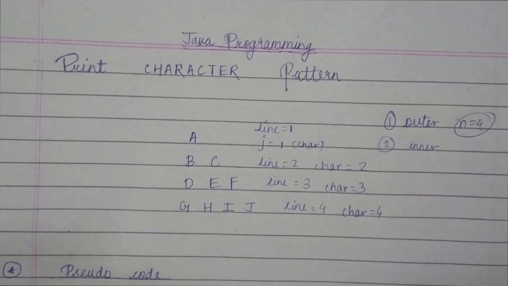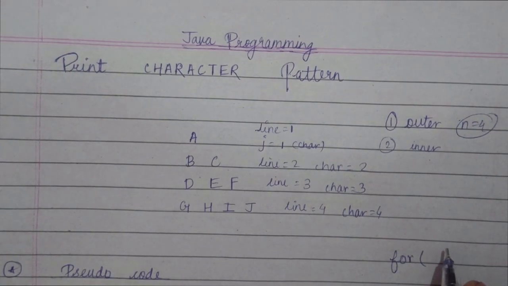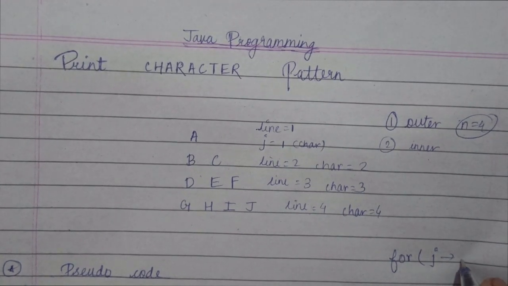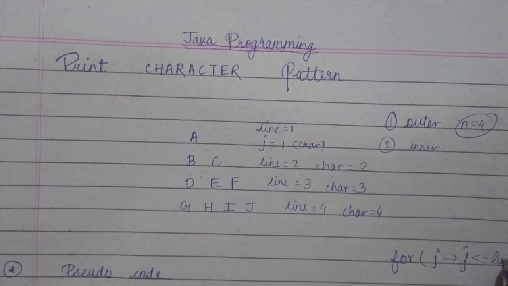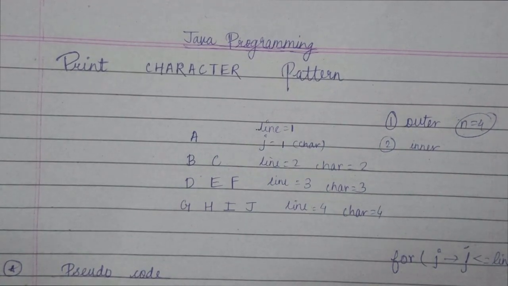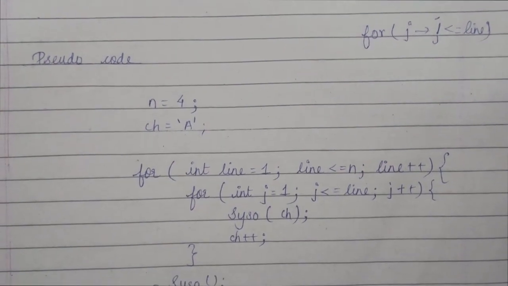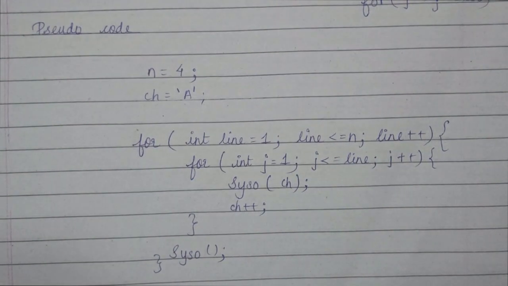So the relation between line and the characters, the inner loop relation, will be for j, j less than or equal to line. We have to print the characters. So this is the logic behind this inner loop line.